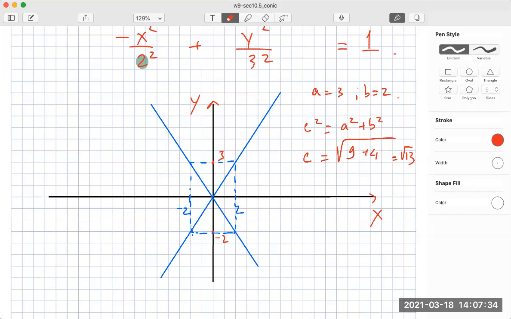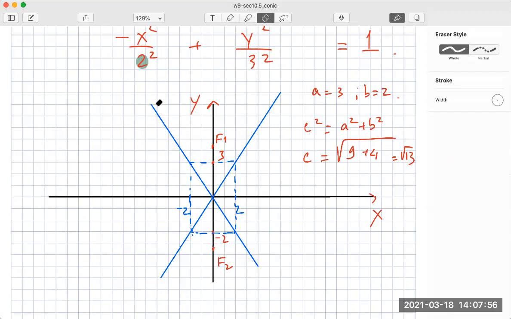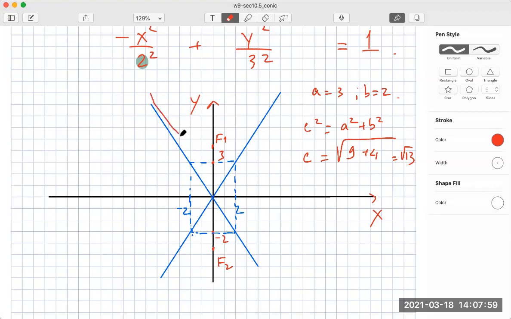It is 3.6 something. It means that it should be this point. This is 4C, another 4C here. F1, F2. And the graph, when y goes to infinity, it will come closer and closer to the asymptotes here.